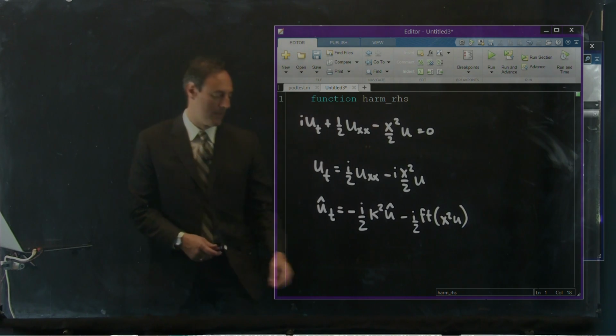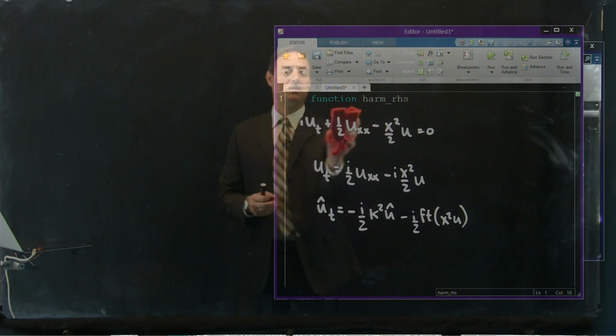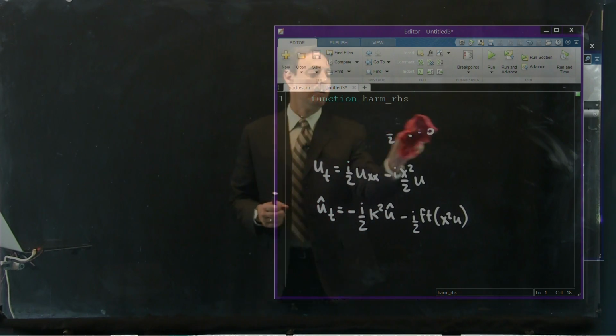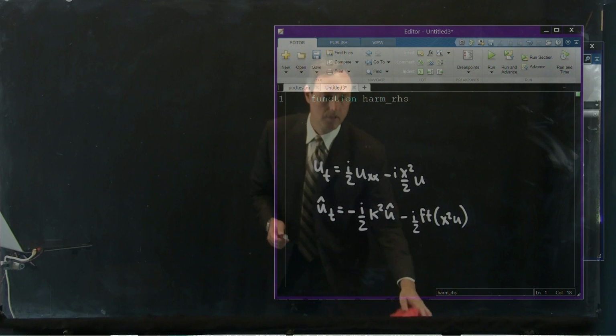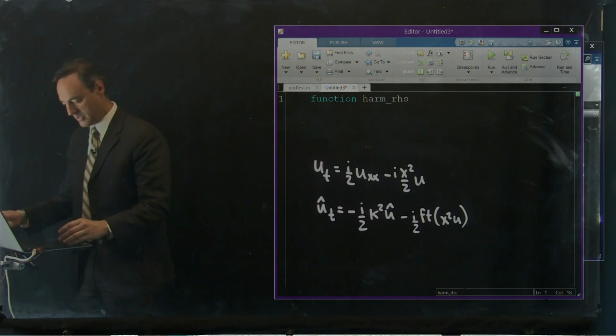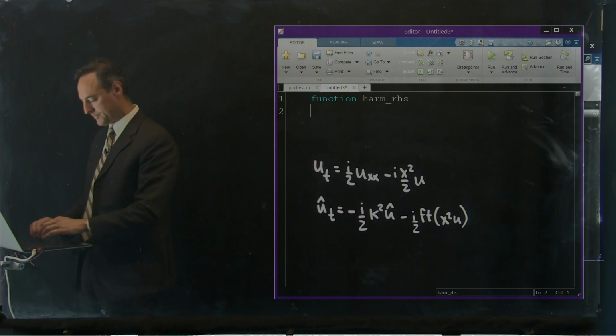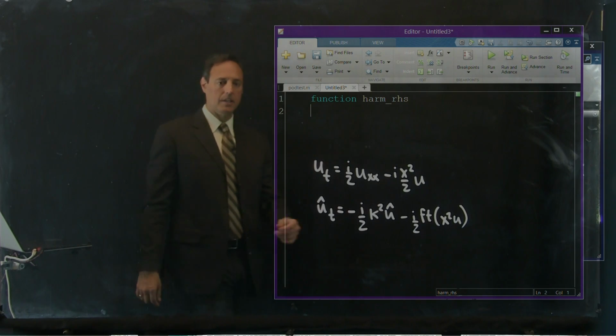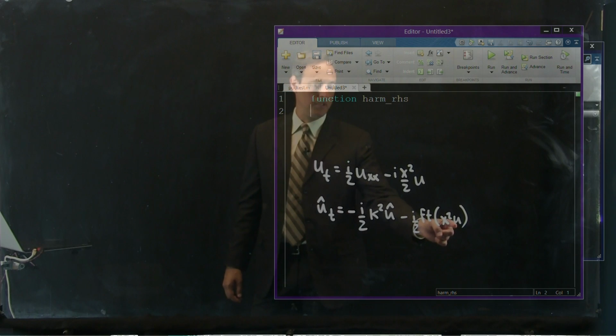And, provided I didn't make any dumb mistakes here, then we could just program this in. And in fact, let's leave this up. This might work out to our advantage. So the first thing I need here is to compute this term. I need back u.